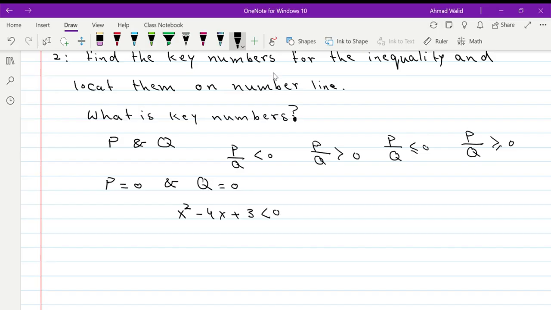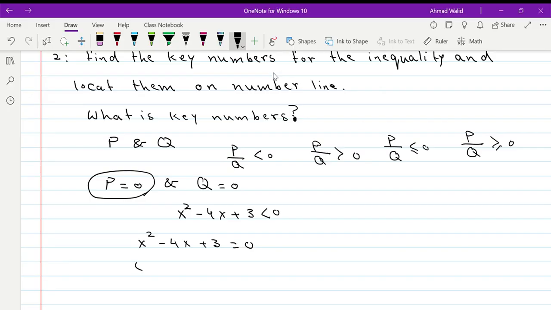You can name it P, right? Only one. I don't have a rational one, but here I have a polynomial. To find the key numbers, you set your polynomial equal to 0. That's the meaning. Put P equal to 0.